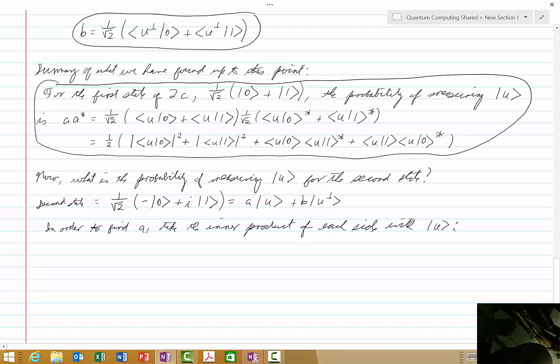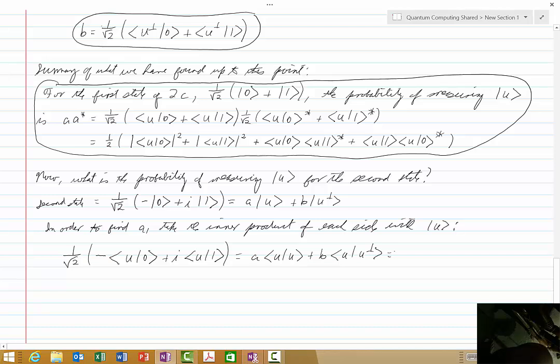And when we do that, we will get 1 over square root of 2 times minus the inner product of u with 0 plus I times the inner product of u with 1 is equal to A times the inner product of U with U plus B times the inner product of U with U orthogonal.